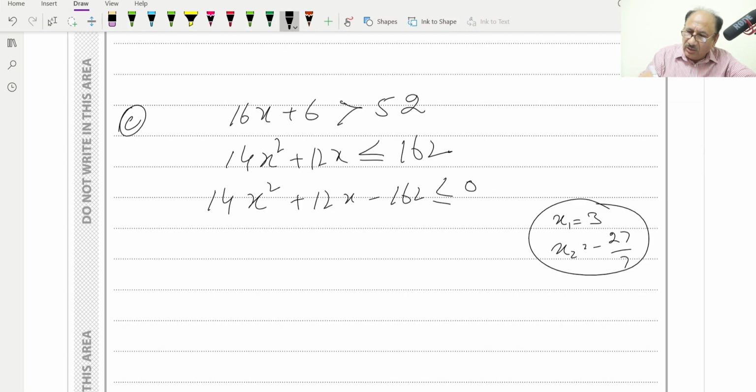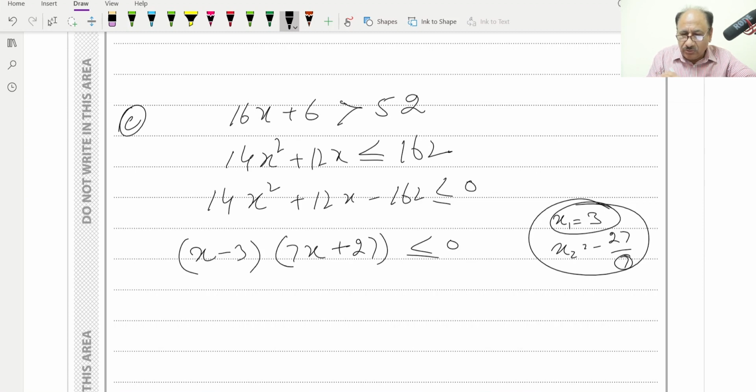So how will we write the factors? I'll keep the space and we can directly write, for example, x minus 3, change the sign of this one and write like this, and for the second one the denominator will be put with the x and change sign, so 7x plus 27 is less than or equal to 0.